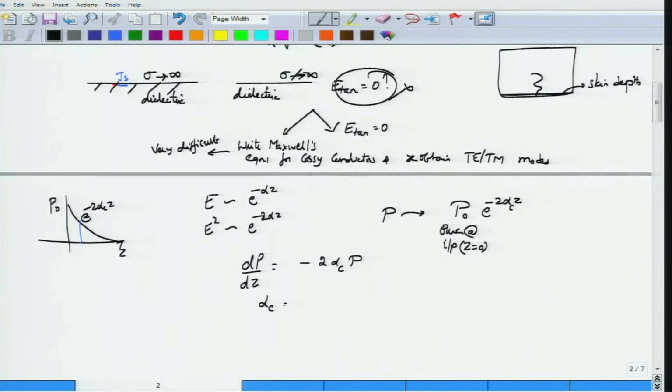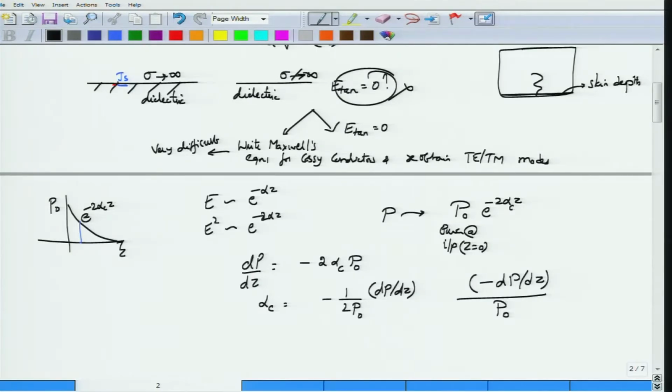Now I will calculate alpha c. From this expression, alpha c would be minus 1 by 2P times dP by dz. If I am somehow able to measure this power loss per meter, dP by dz would simply indicate the change of power, but if I want to include the loss I can include this minus sign. So if I call minus dP by dz the power loss per unit length, divided by, sorry, this has to be P, the transmitted power, then this would give me the attenuation constant alpha c.